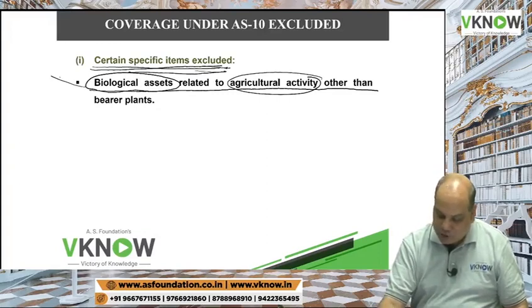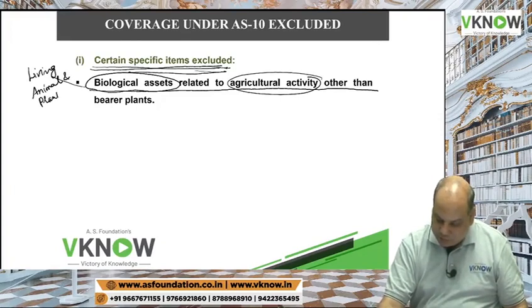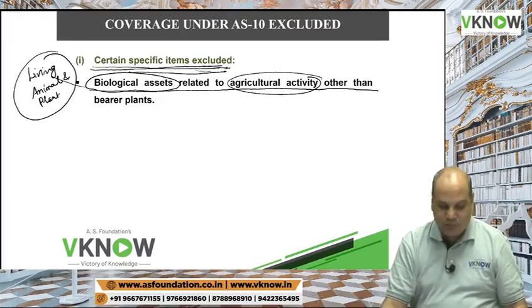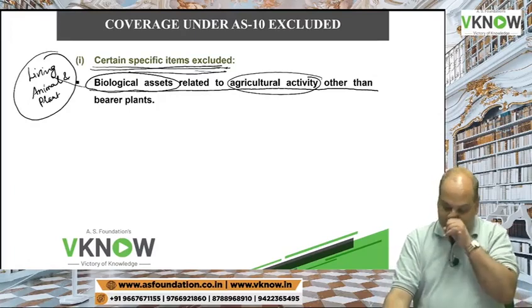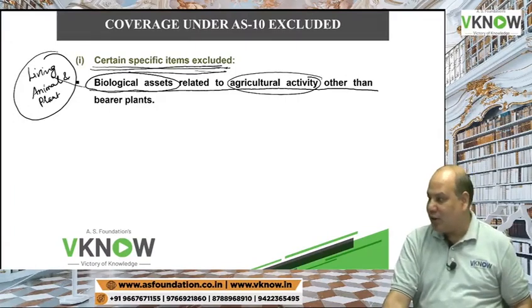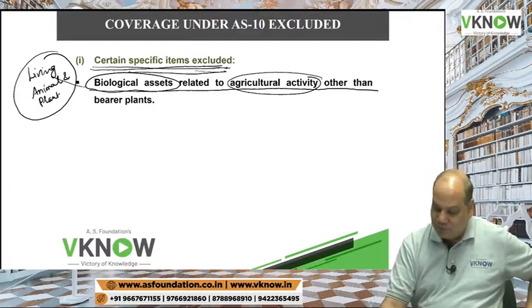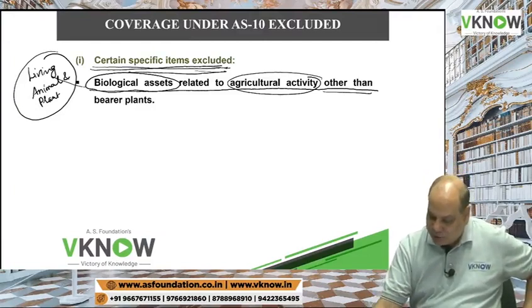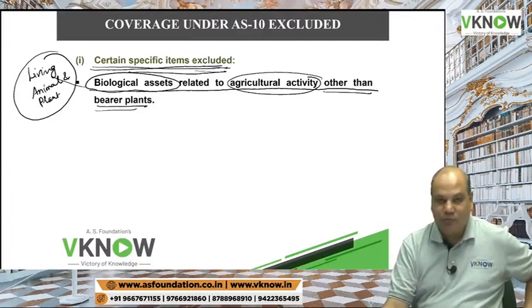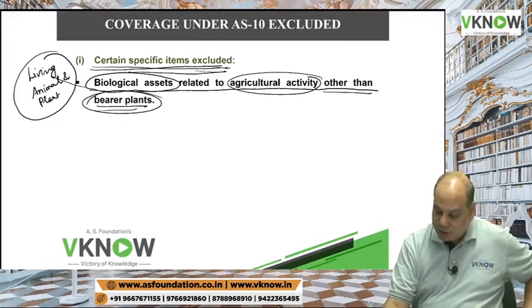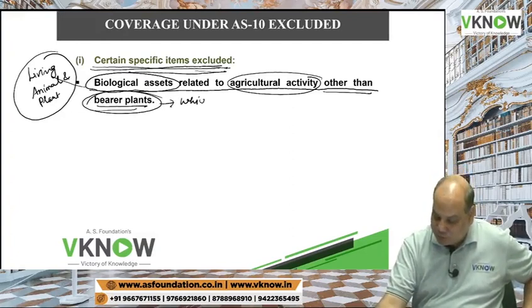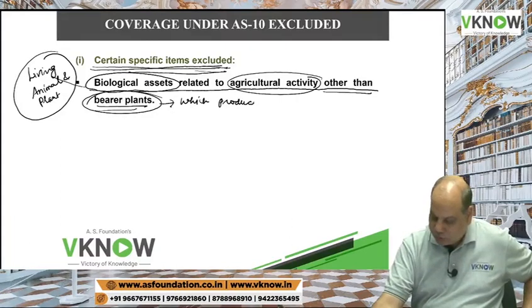So for example, biological assets mean living animals and plants, those which are alive, not dead. Biological assets, living animals and plants, are not covered by AS-10 other than bearer plants. But if it is a bearer plant, AS-10 is applicable. Bearer plant means plants which produce fruits and vegetables.